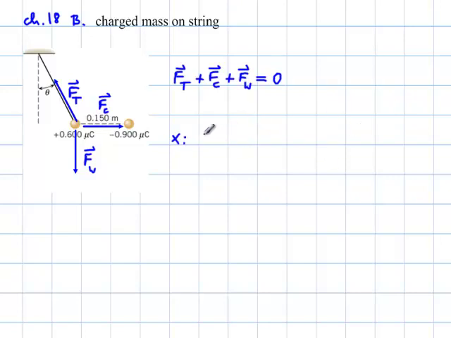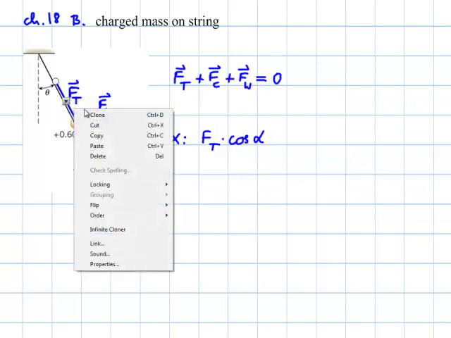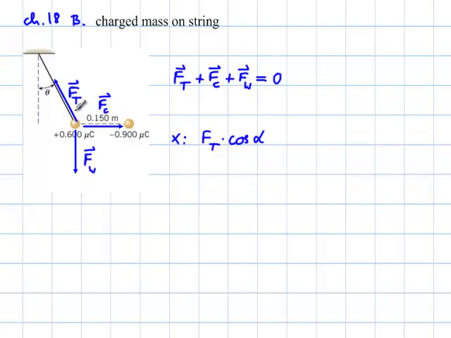And what I have in the x is the tension times cosine, and I'm going to call this alpha because if you took the previous class from me, then you may recall that I like to have the angle measured from the positive horizontal, and the reason is that that way I can always use the cosine with the horizontal and the sine always with the vertical.